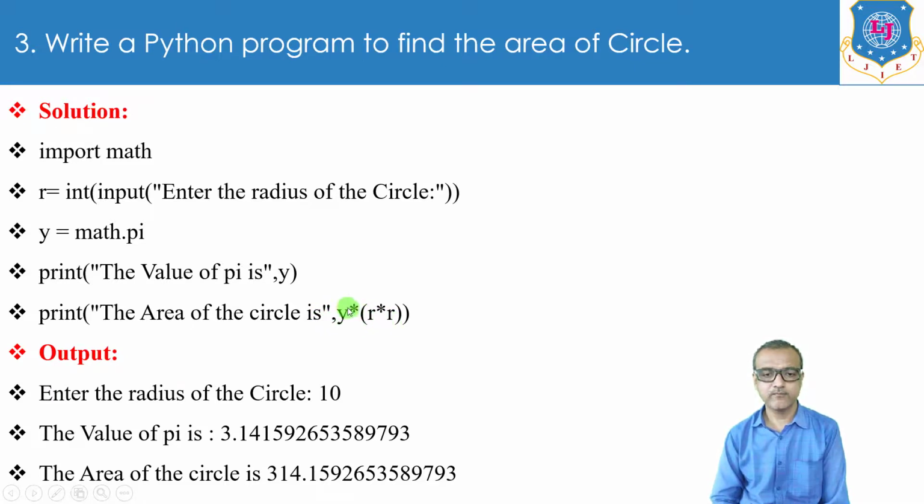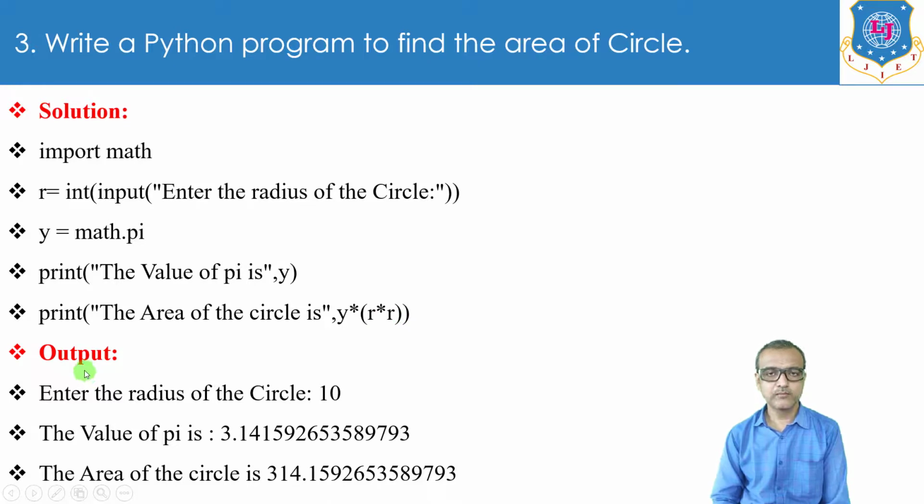See, here y, that is nothing but the value of pi, and r into r, that is r square. So this is nothing but the formula of area of a circle. R will be entered by the user, and we have taken the pi value from math module. So finally this multiplication result will give us the area of circle.